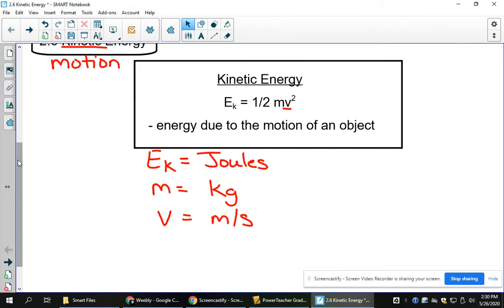So let's go straight into our one and only example here. We've decided during COVID that we're not going to have you isolate this formula for M or V. If you've signed up for Physics 20, however, you can go ahead and try the last two slides. I've left them in the notes.